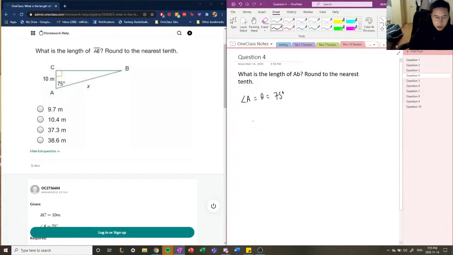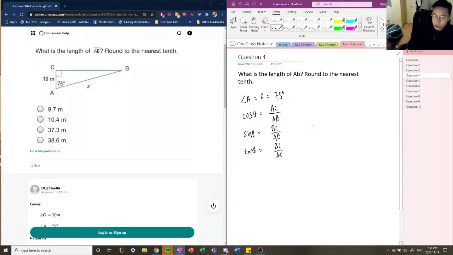Now we know that the cosine of theta, sine theta, and tan theta are related to the ratios of certain sides. For example, cosine theta is the relationship of side AC, the adjacent, over AB. Sine theta would be side BC over AB, the hypotenuse. And finally, tan theta would be opposite over adjacent, which would be BC over AC.